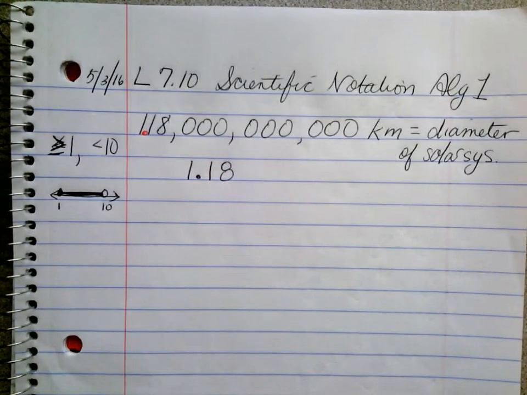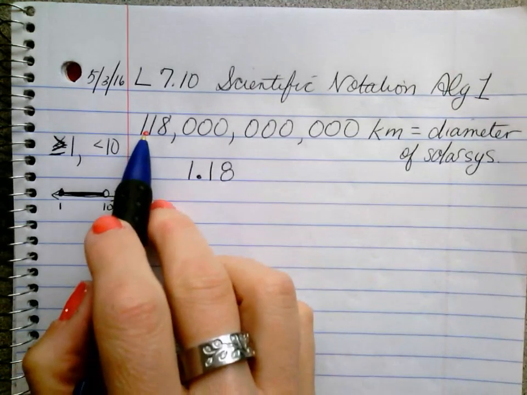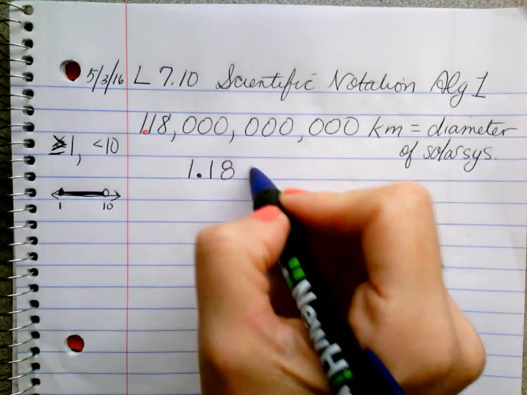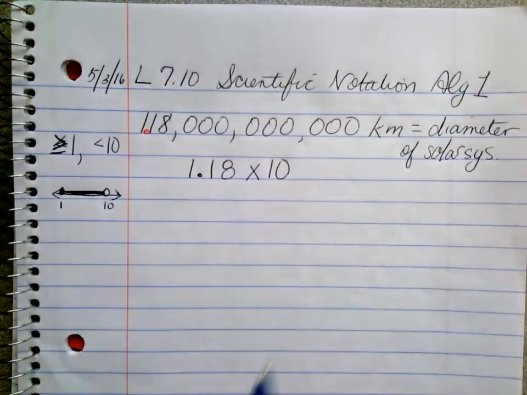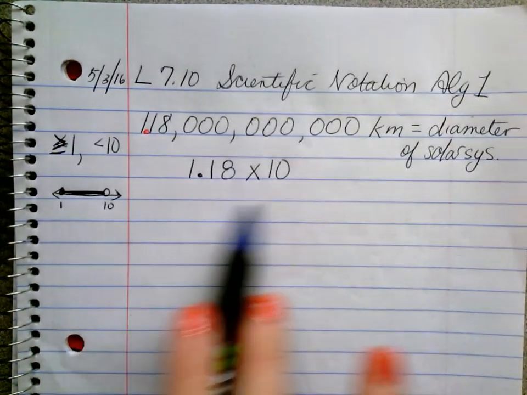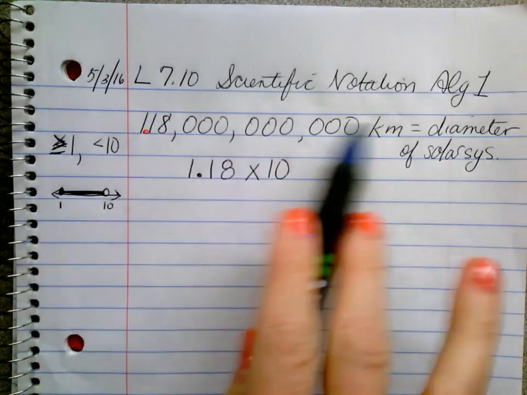Now, in order to explain to the person you're communicating with what this is, it's not 1.18, it's 118 trillion kilometers. So rather than writing 369 zeros, we can simply indicate how many positions to the right this decimal must be moved to actually be the real number. This is the representation, this is the real number.